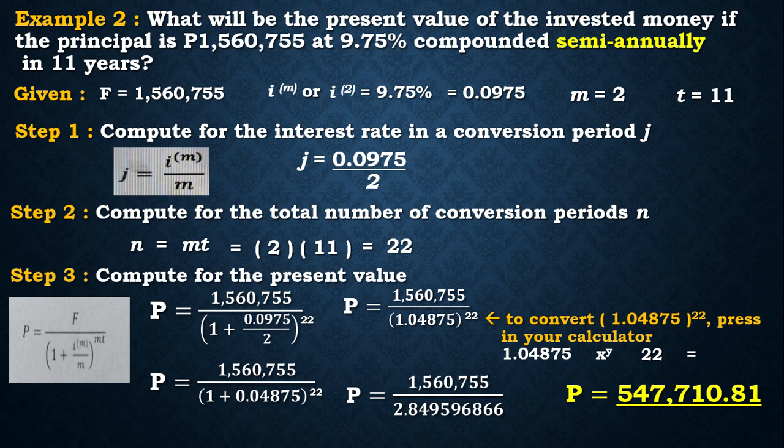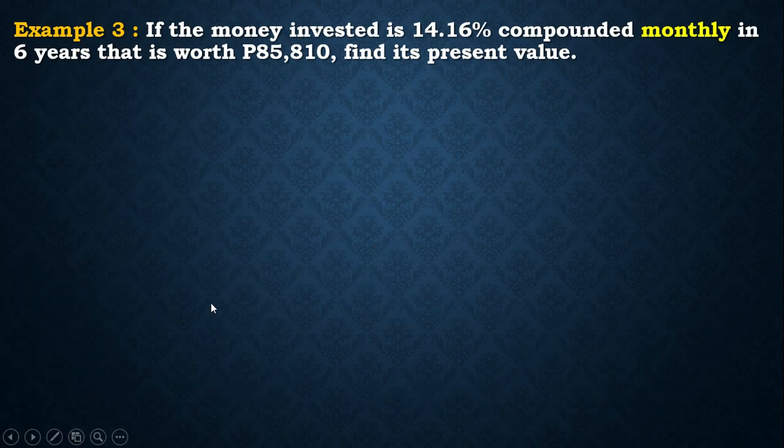Last example, example number 3. If the money invested is 14.16% compounded monthly in 6 years, that is worth 85,810. Find its present value. So given, ang F po natin is equal to 85,810.